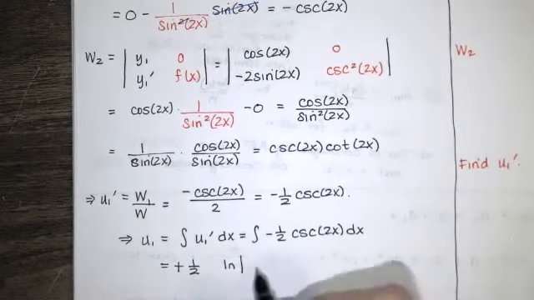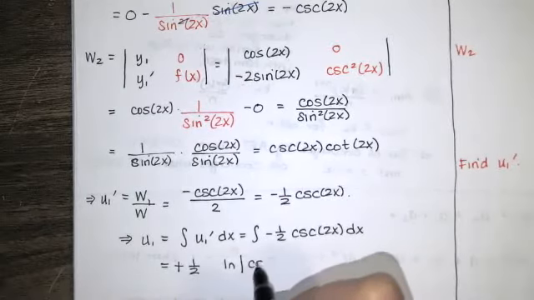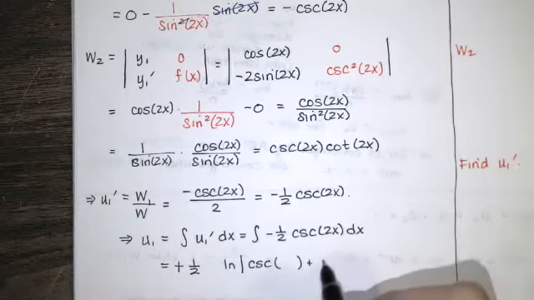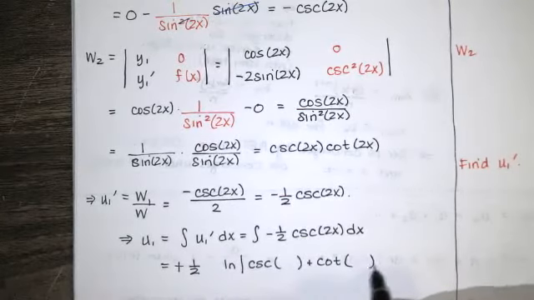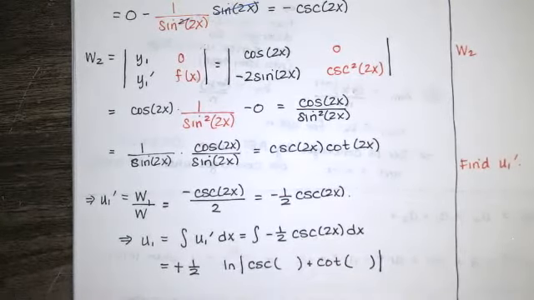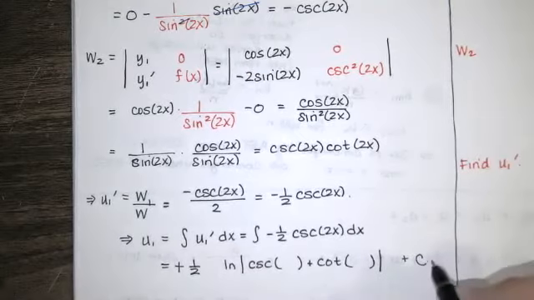It's going to make that positive. Natural log of the absolute value of cosecant plus cotangent. And if that was just cosecant of x, this would be a cosecant of x and a cotangent of x, and we just multiply by the negative and add our constant of integration and be done.